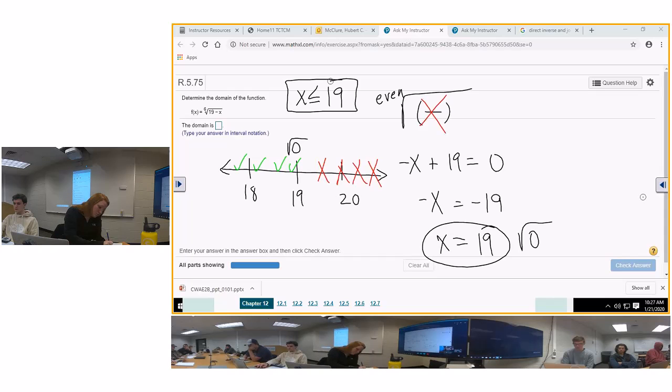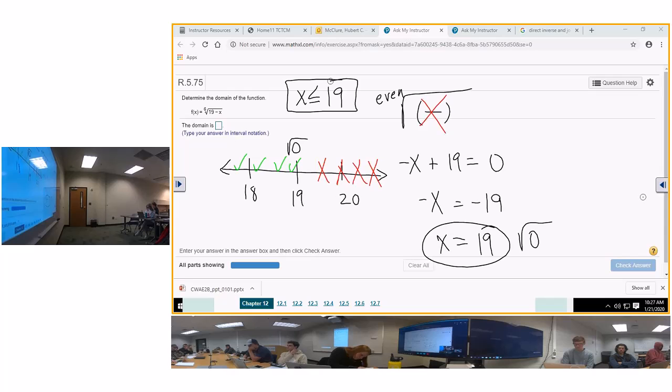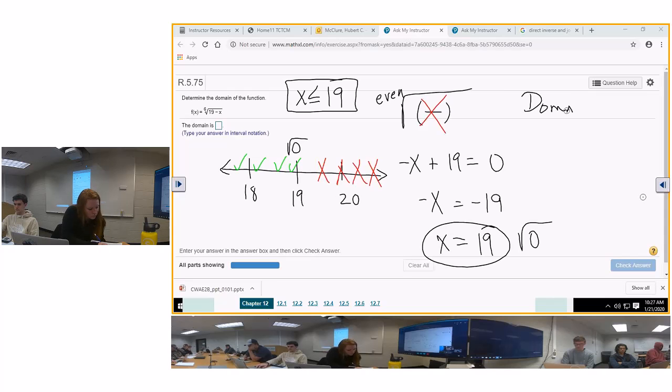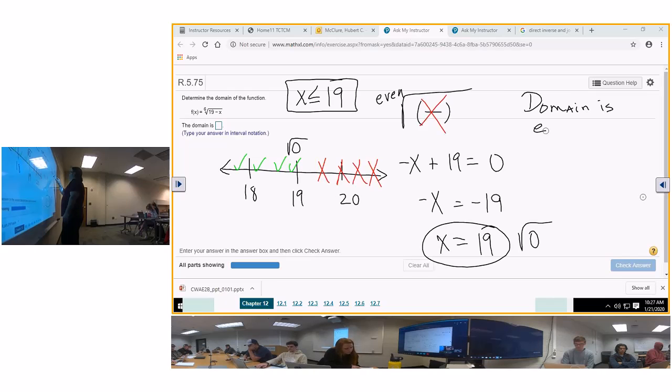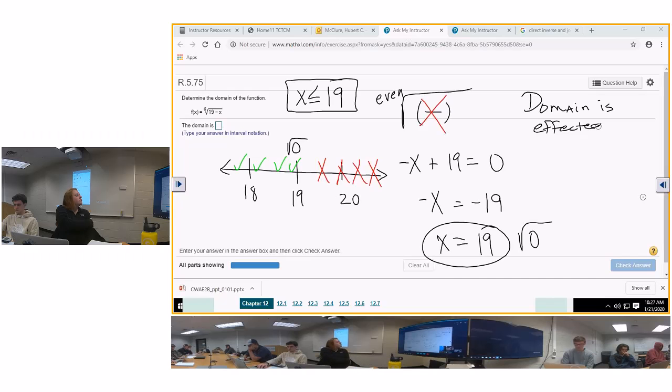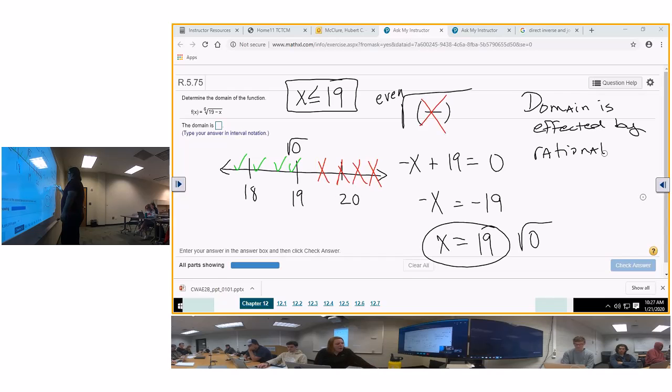Remember, domain is affected by what? Radicals and rationals. Domain is affected by rationals, f of x is equal to 1 over x minus 2, or radicals, f of x is equal to the square root of x minus 4.